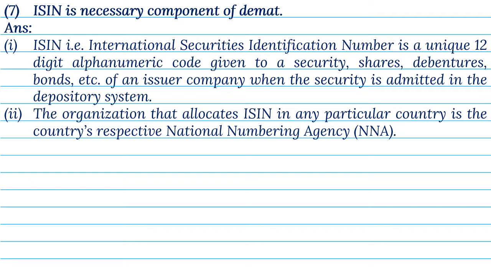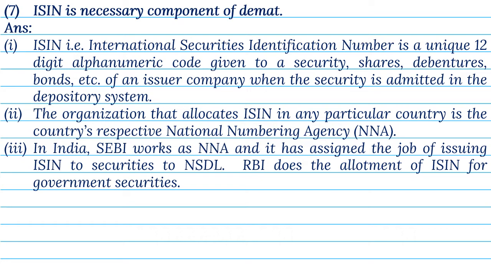The organization that allocates ISIN in any particular country is the country's respective national numbering agency, NNA. 3. In India, SEBI works as NNA, and it has assigned the job of issuing ISIN to securities to NSDL. RBI does the allotment of ISIN for government securities.